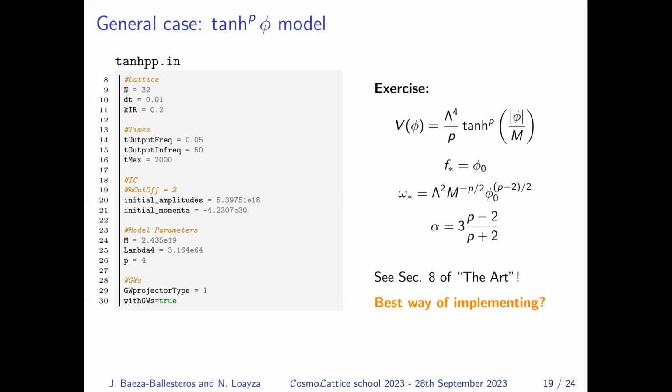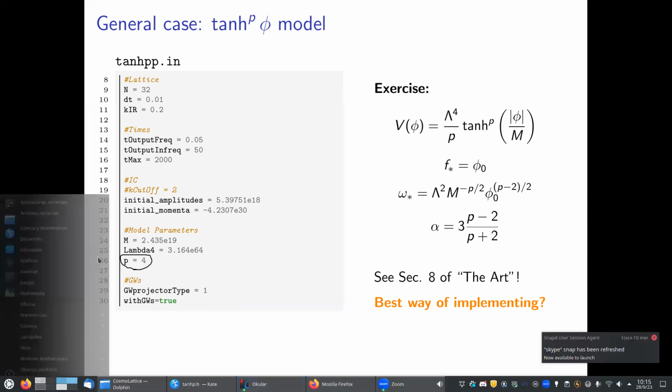You could think of doing this in two ways. First of all, you can think, okay, my P is a parameter, so what I'm going to do is treat P as if it was lambda or if it was M, and then get it from the parameter file, like I'm doing here. So change my model so that P becomes a parameter.